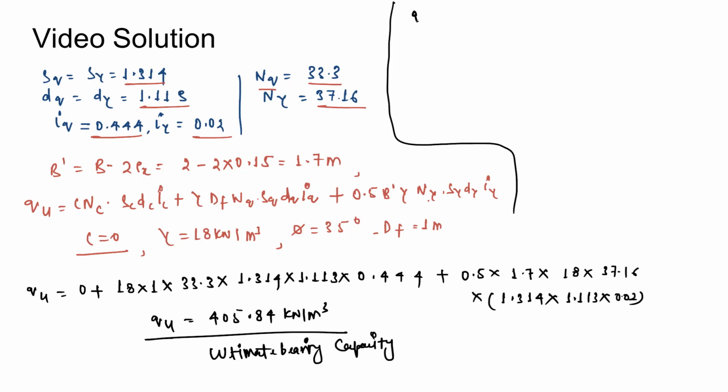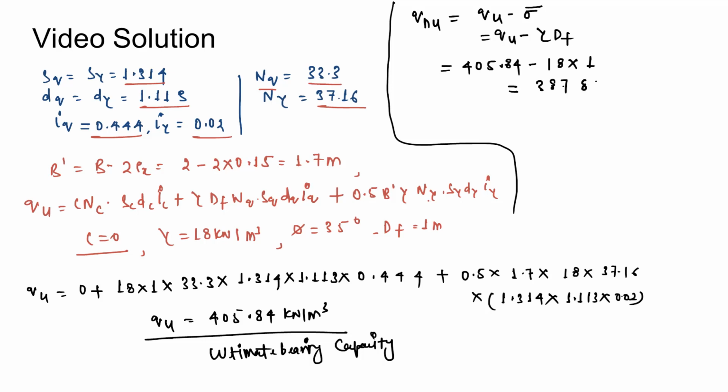Now we know net ultimate bearing capacity, that is qnu, will be qu minus sigma dash, which we can also write as qu minus gamma into Df. So qu is 405.84 minus gamma 18 into depth of foundation 1, so it will be 387.84 kilonewton per meter square.